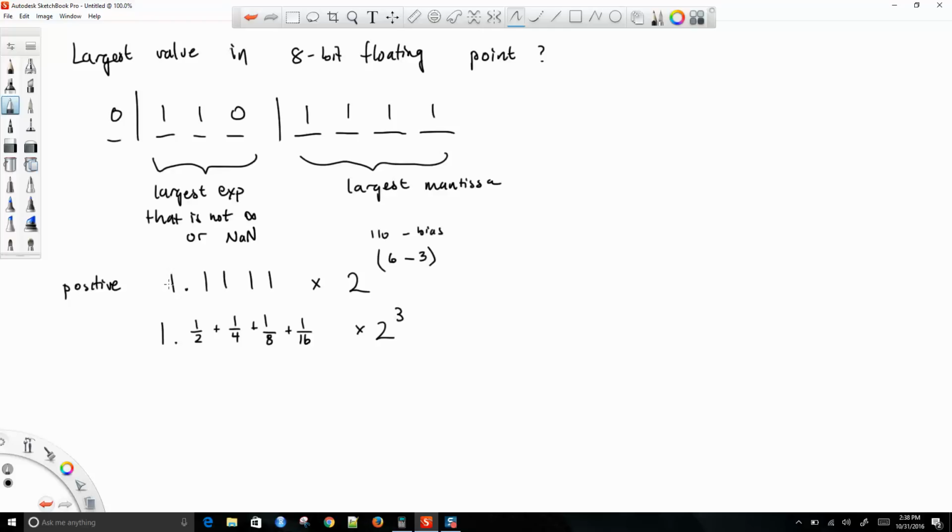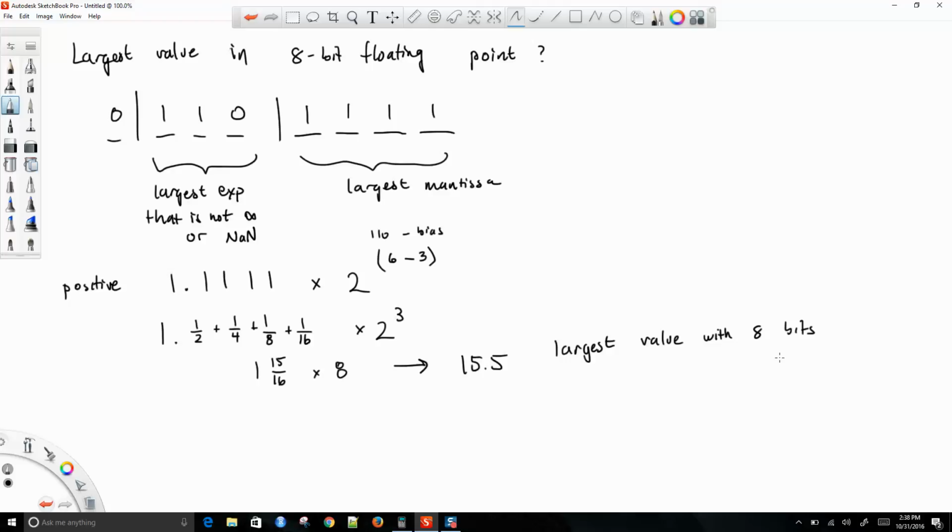All right, so this becomes 1 and 15/16 times 8, and that is 15.5. So this is our largest value with 8-bit floating point notation.